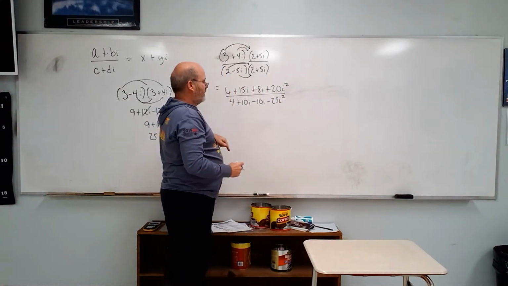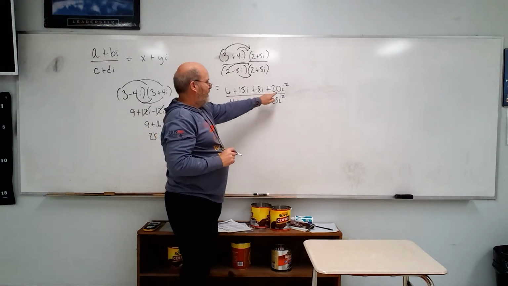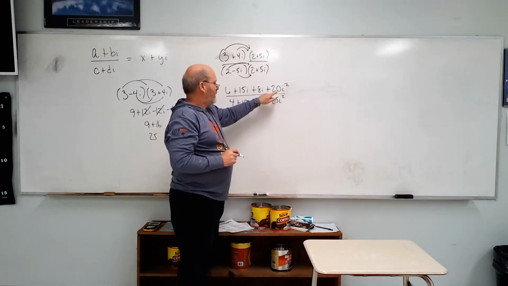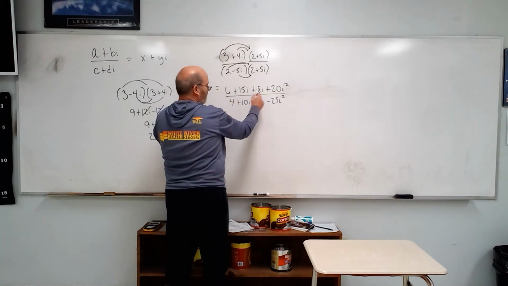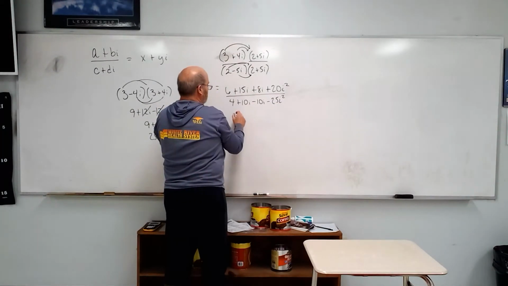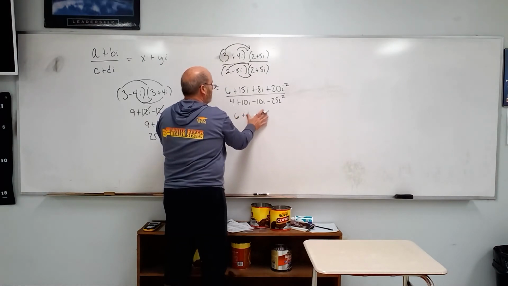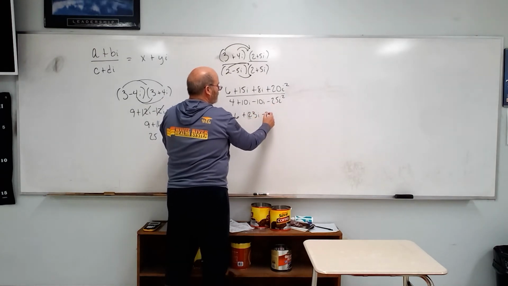Let's simplify and clean up the top. Remember, i squared is negative 1. That makes this negative 20. So I'm going to rewrite this. I'm going to go ahead and combine my like terms with the i's to get 6 plus 23i minus 20.